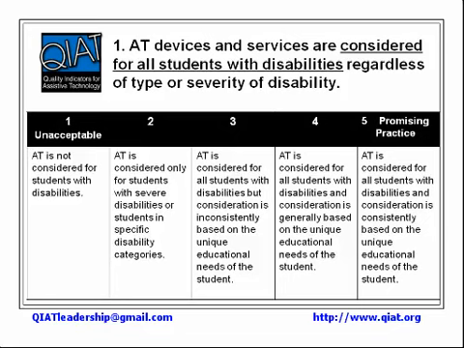AT is considered for all students with disabilities, and consideration is consistently based on the unique educational needs of the student. So as we go through each of the indicators, we're going to display the matrix on the screen and talk about that indicator. If you decide at the end of the webinar to download the handouts from today, you're going to get a copy of the quality indicators with their intent statements and also the self-evaluation matrices.